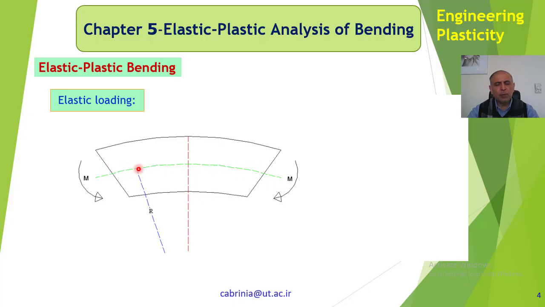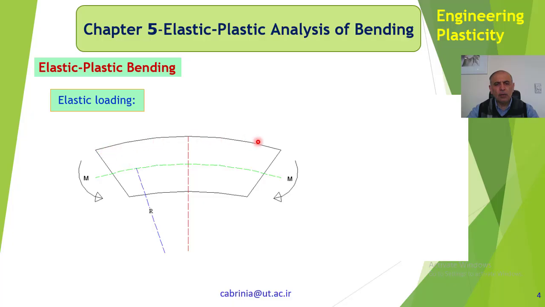This is a plane, and we say that it is a neutral plane, and its length doesn't change, it doesn't elongate, and it doesn't compress. So the length does not shorten or lengthen.